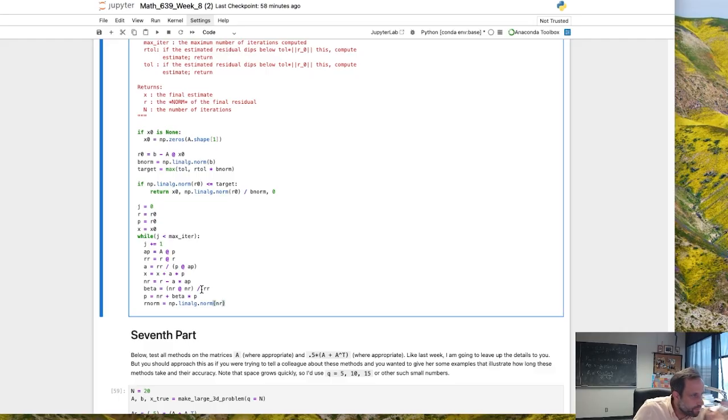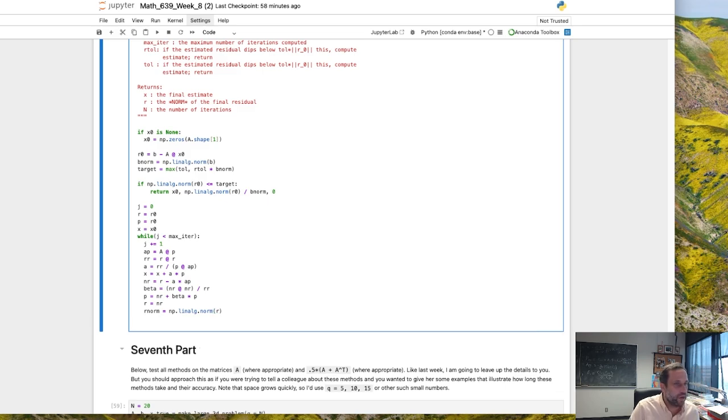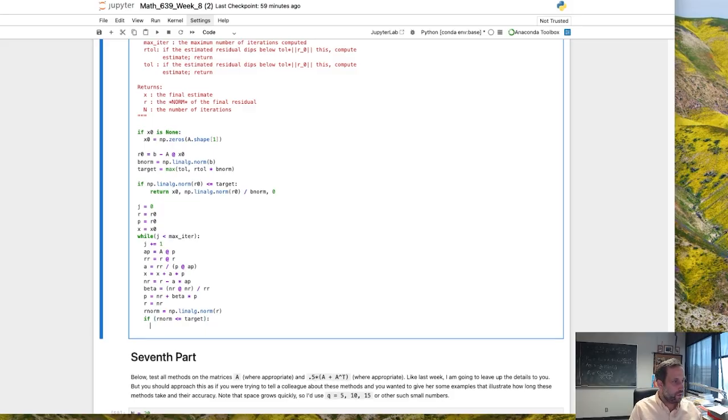Oh, sorry, one other thing. I need to now update r. So r is going to be the new value of r. There we go. So r norm is the norm of the current residual. And now we're going to say if r norm is less than or equal to target, then we're going to return the current value of x.